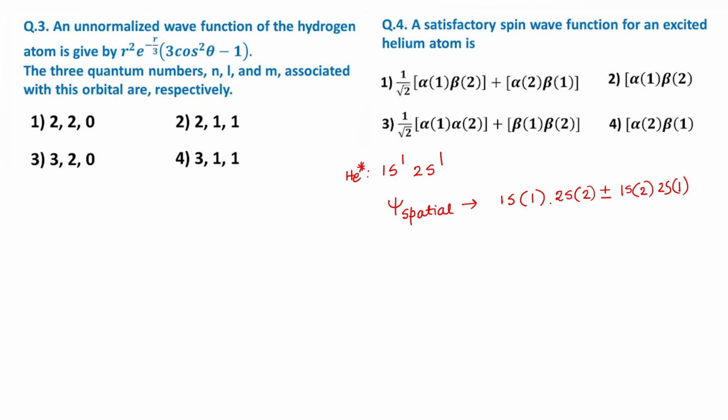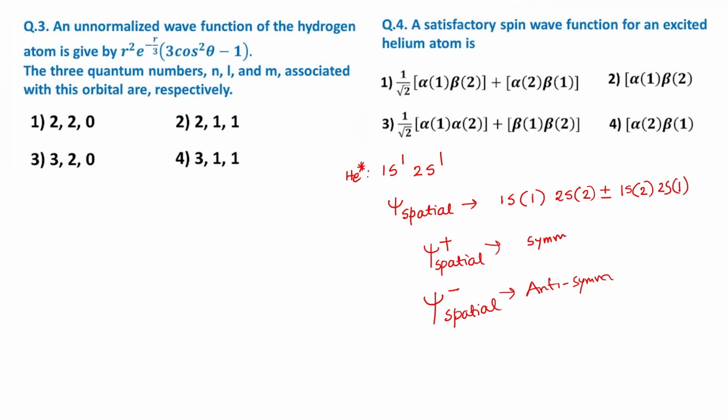Now accordingly to this, your spin wave function will vary. So I'm not going to that, that will be a quick recapitulation maybe. So suppose this is the plus combination. I am writing psi plus spatial. The plus combination is symmetric and psi minus spatial is antisymmetric, with respect to the exchange of the electron number, right?